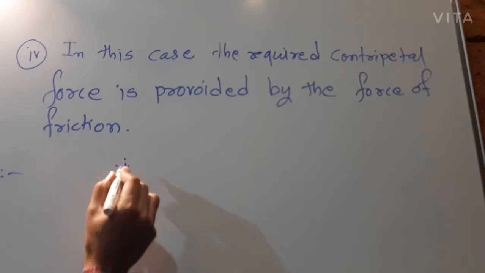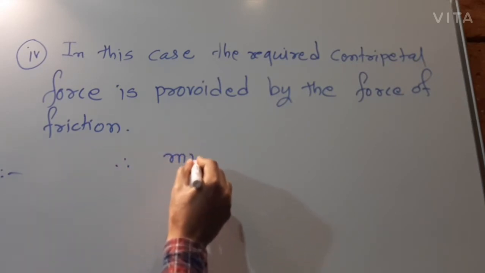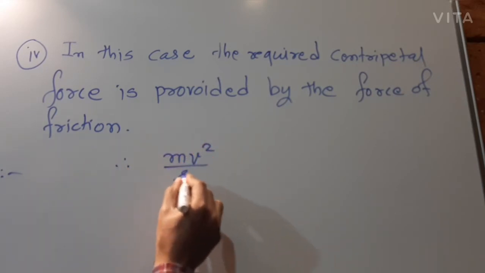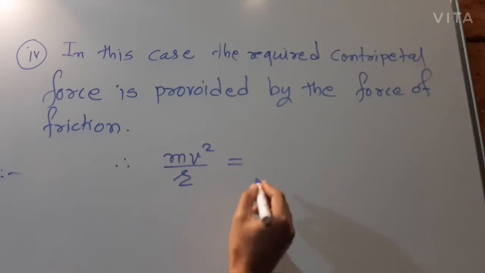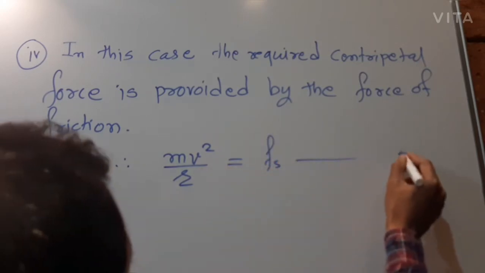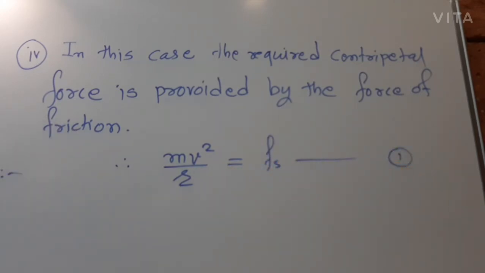And therefore we write mv square upon r is the centripetal force and is equal to Fs, and this is our equation number 1.